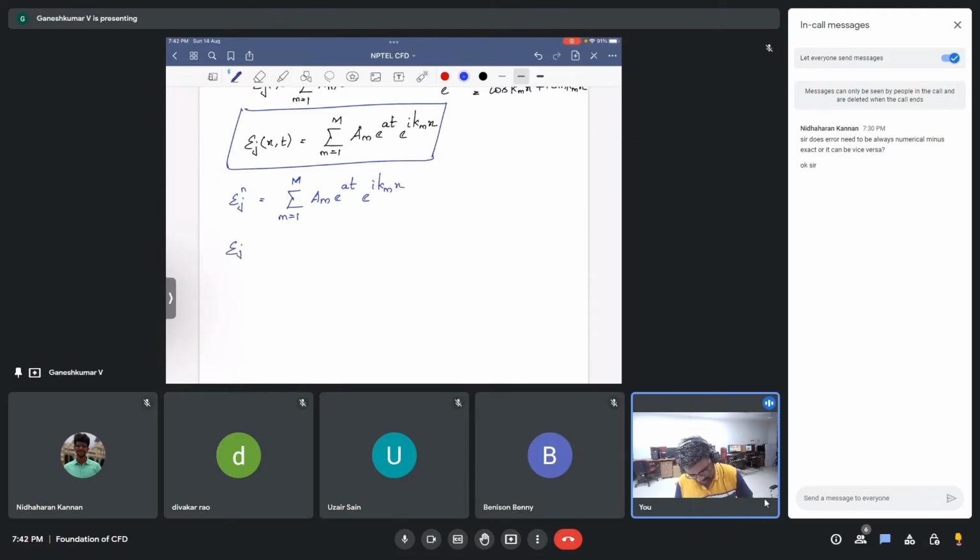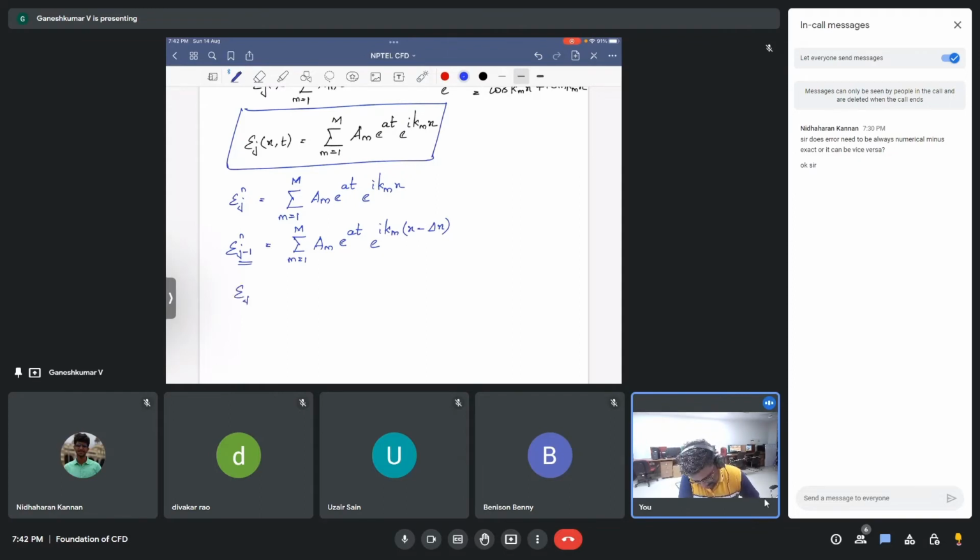Now epsilon j minus 1 at n would be the summation from m equal to 1 to M of a_m e power at, because everything is at the n time step, the previous time step. So we will have k_m, but here it is x plus delta x, actually x minus delta x, because we have j minus 1 here. Let me quickly correct it. It will be x minus delta x.